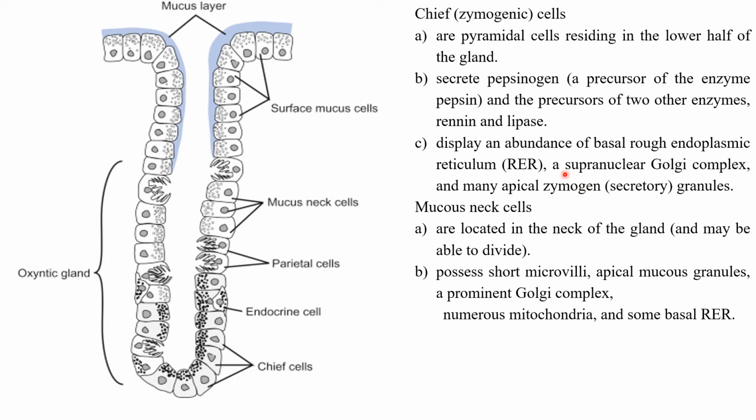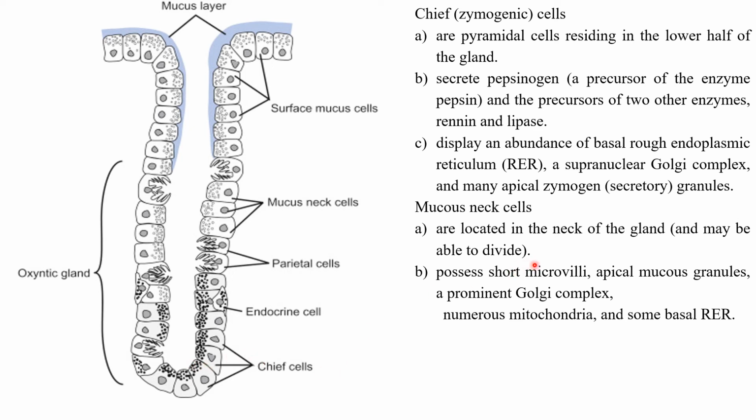Hence, all the enzymes that are secreted will be packed with the help of the supranuclear Golgi complex, and once packed, these vesicles will be aggregated at the apical portion of the cells.